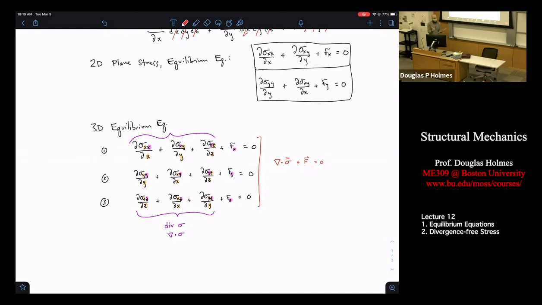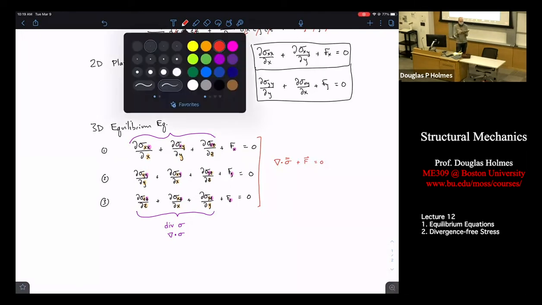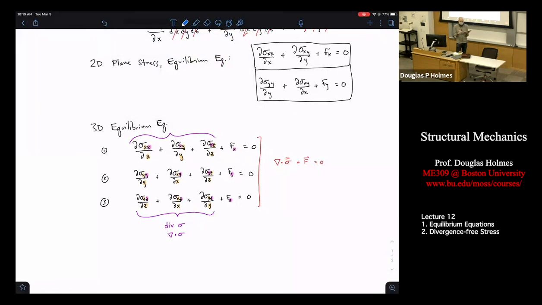The other way you can write this, and we're going to come back to talking about the divergence stuff in a second, because I think there's something that can be really helpful to you there. The other way we can write this, this is in a direct notation. The other way we can write this in indicial notation. First, we'll say, well, I know that stress could be sigma ij, where i could either be x, y, or z. j could either be x, y, or z.